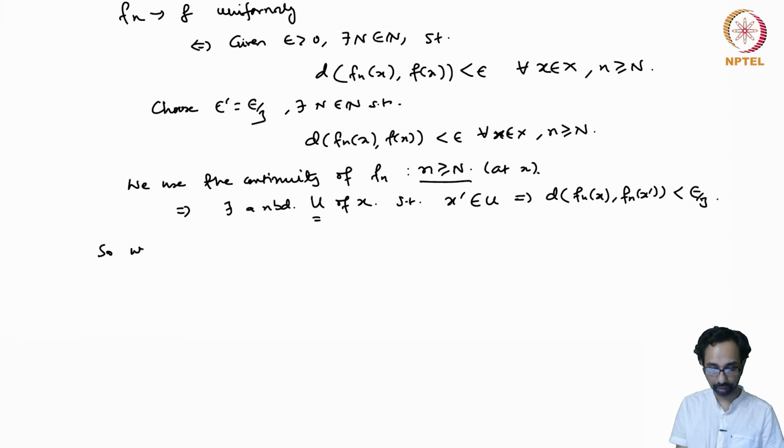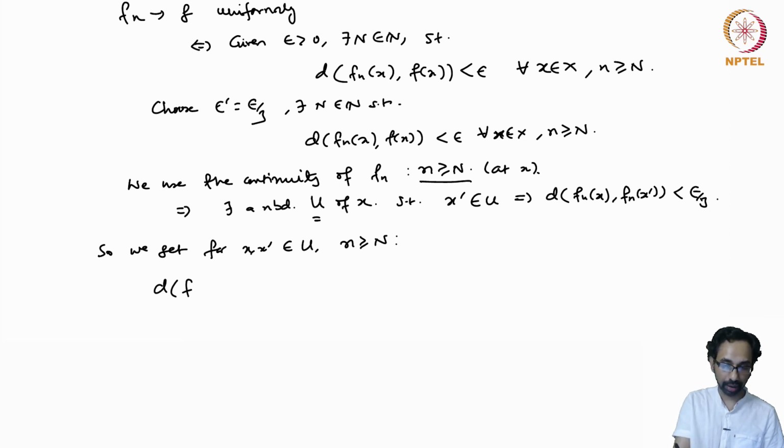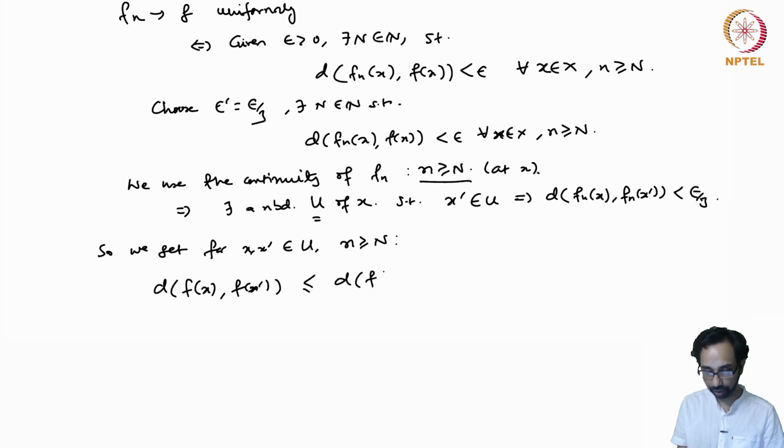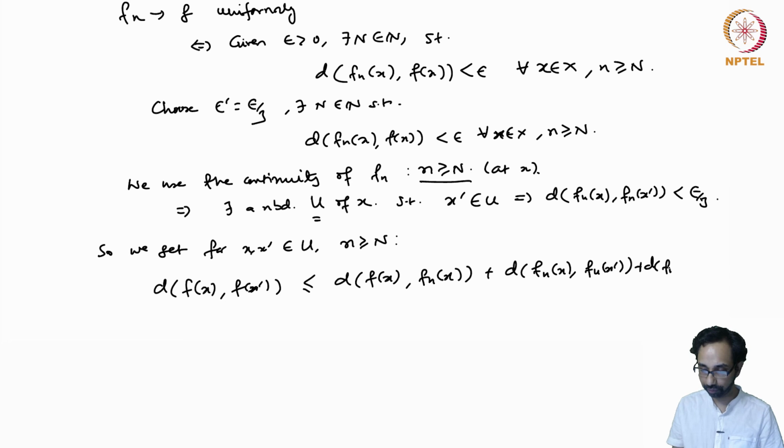So we get, for x and x prime belonging to U and n greater than or equal to N, that the distance between f(x) and f(x prime) is less than or equal to d(f(x), f_n(x)) plus d(f_n(x), f_n(x prime)) plus d(f_n(x prime), f(x prime)).